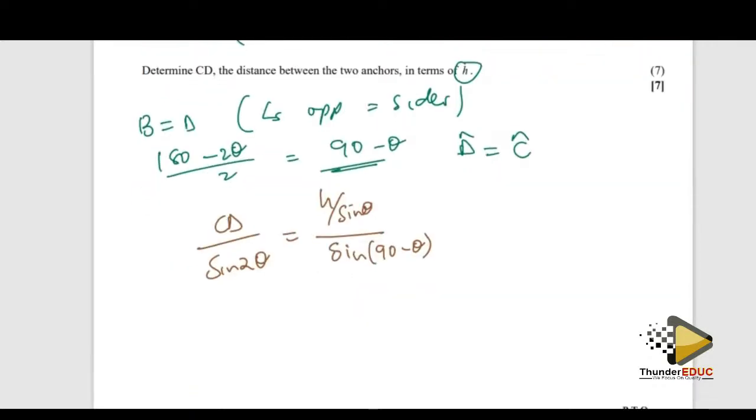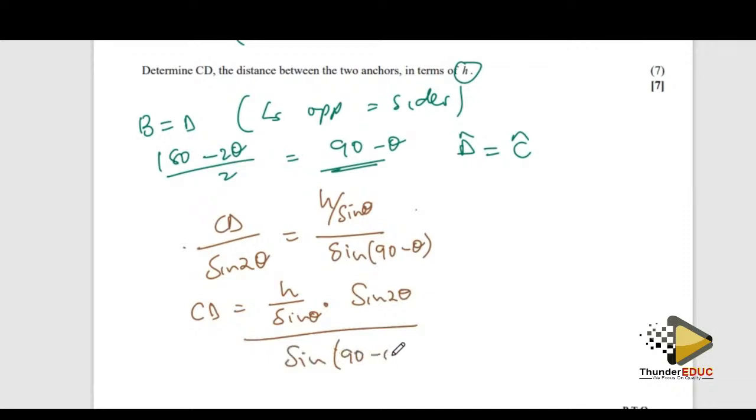Since I'm looking for CD, I can multiply both sides by sine 2 theta. So CD is going to be h over sine theta times sine 2 theta over the sine of 90 minus theta. We know that the double angle of sine is 2 sine theta cos theta.